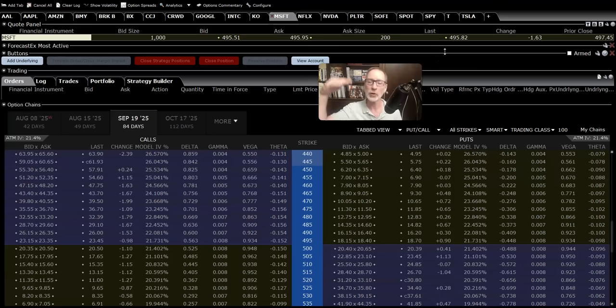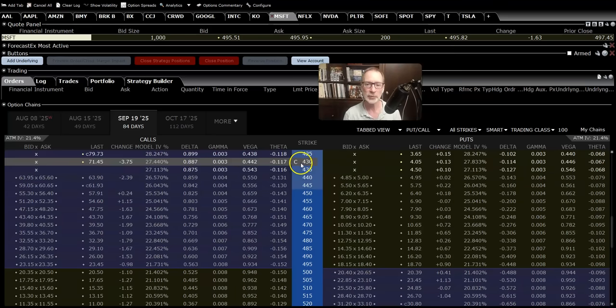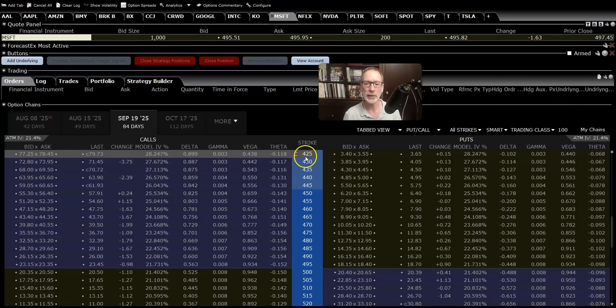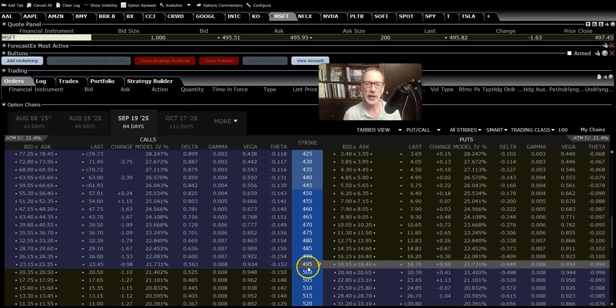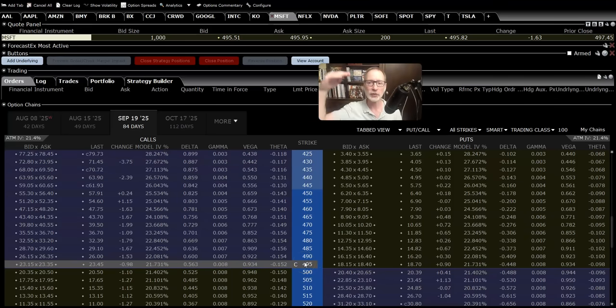So Microsoft has to go up another $2 per share, whereas when we did the in-the-money spread, Microsoft was already well above the break even price. Okay, so you had a lot of cushion for error with the deep in-the-money spread. Now this spread, the 495/500, your break even is 497.85 on Microsoft. So Microsoft still has to go higher.